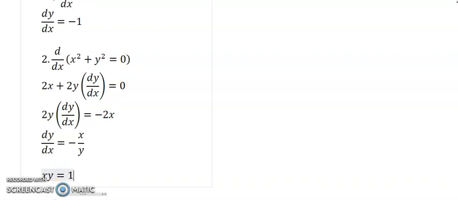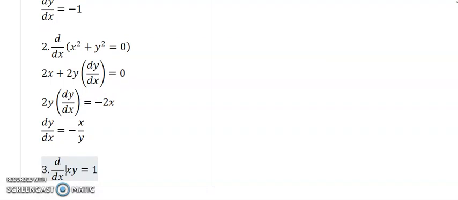Yeah, we have it like this. Okay, to derivate this one, we will just do it like this. Number 3, d over dx of this function.